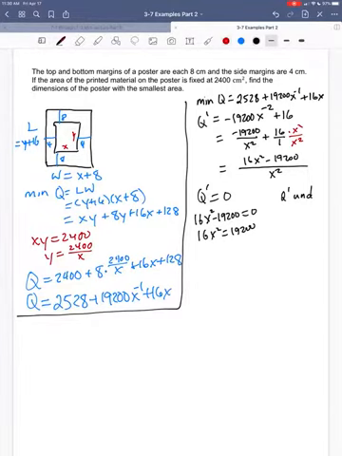I'm going to divide by 16. And if I do that, I get x squared equals 1,200. So if I take the square root of both sides, I get plus or minus the square root of 1,200. Let's see, 400 goes into 1,200, so that would be 400 times 3.